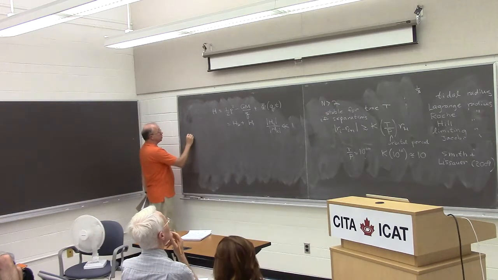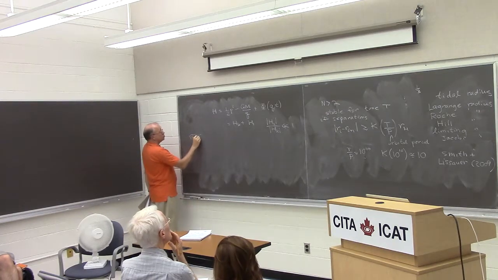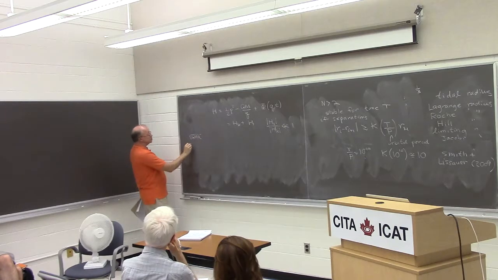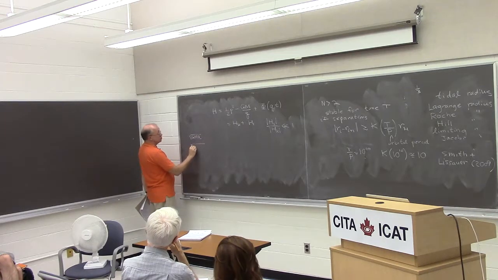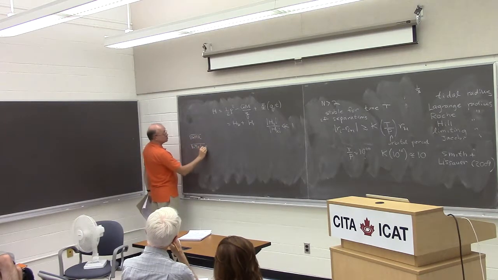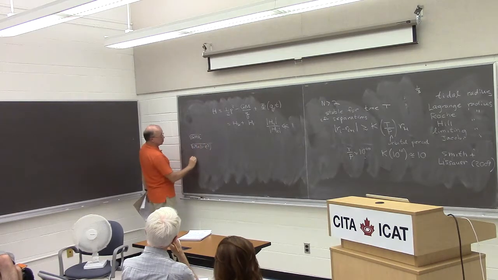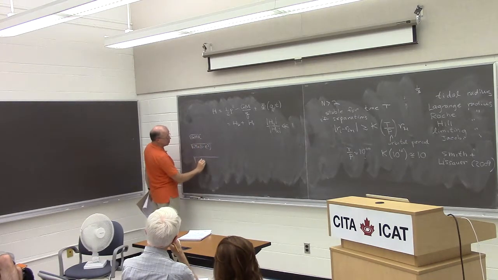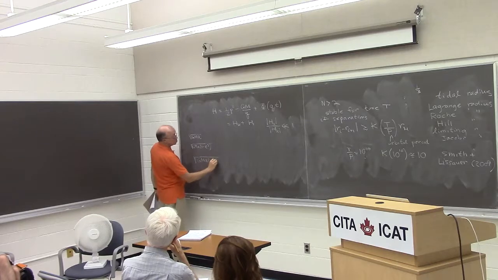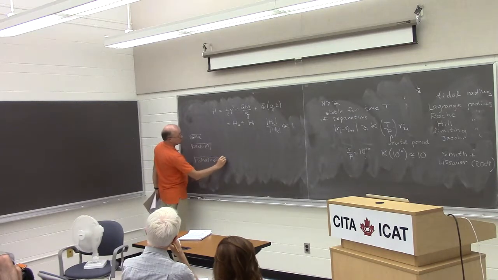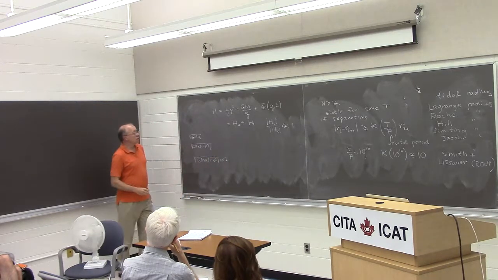So Delaunay actions are G times the mass times the semi-major axis, GMA; square root of GMA(1 minus e squared); and square root of GMA(1 minus e squared) cos the inclination.